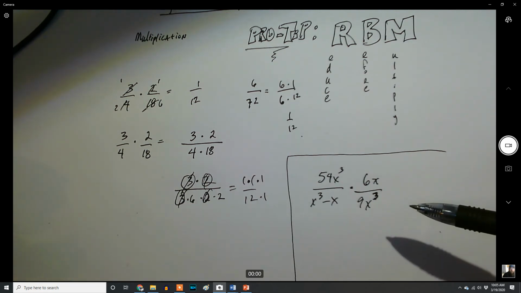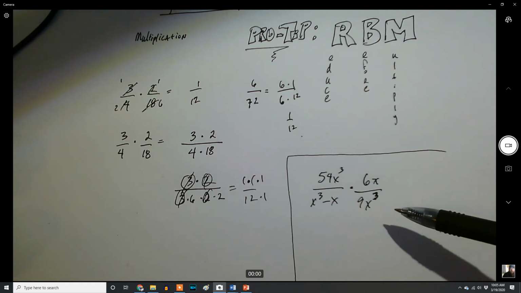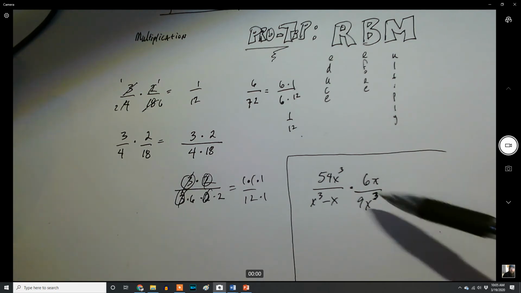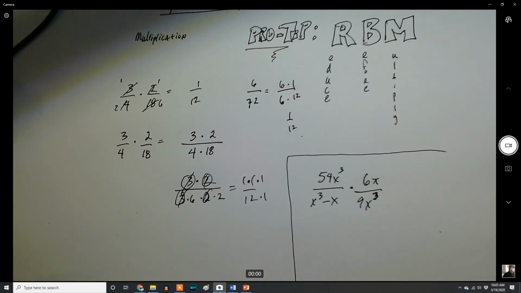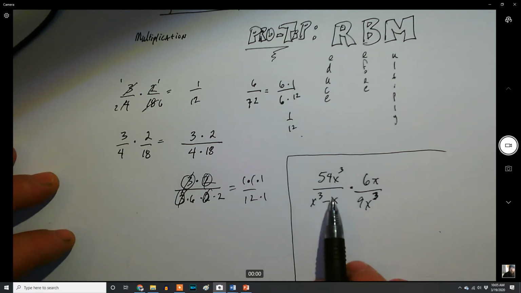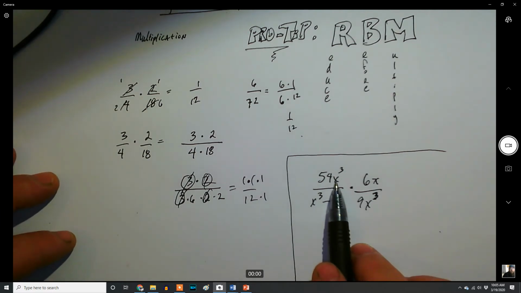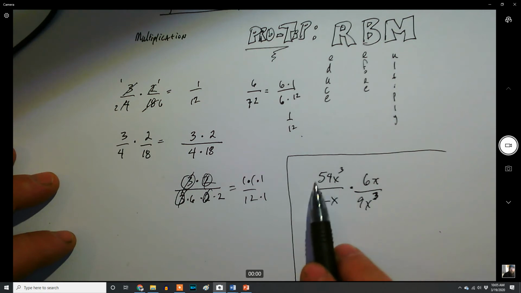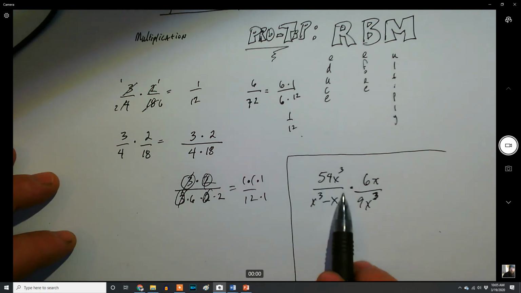It might be a good idea to just give yourself, say, 10, 15 seconds, whatever, just to be patient, to look at it and see if you can find any common factors, right? So like here, there's an x cubed. This has an x cubed and this has an x. So this is reducible. I can reduce this entire fraction right here by x if I wanted.